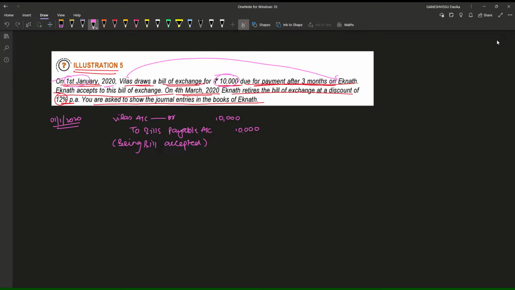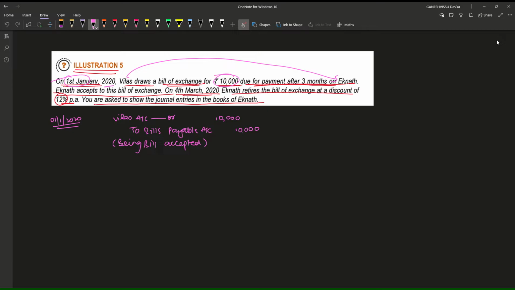Now, on 4th March 2020, there is some transaction again. On 4th March 2020, Eknath retires the bills of exchange at a discount of 12% per annum.